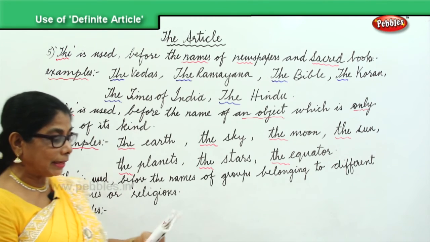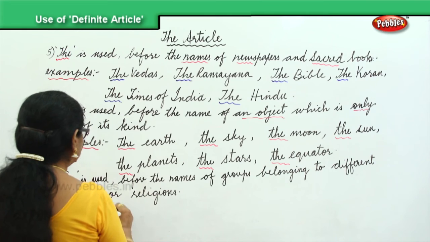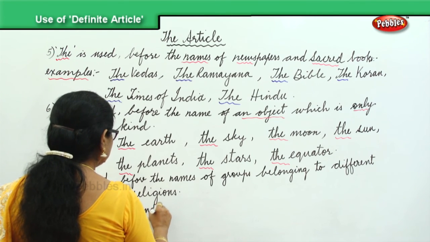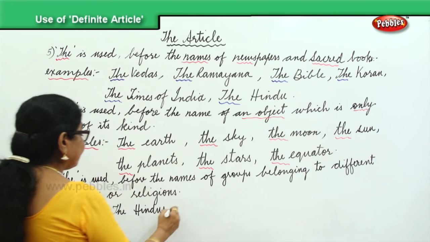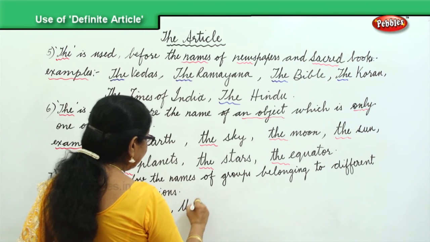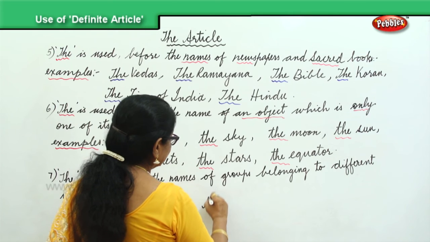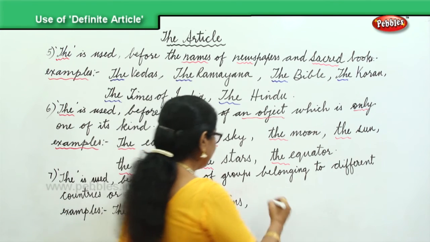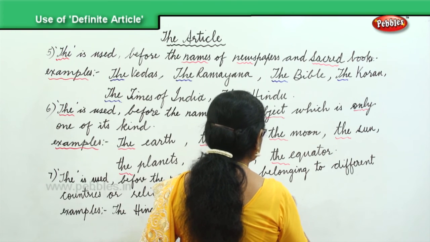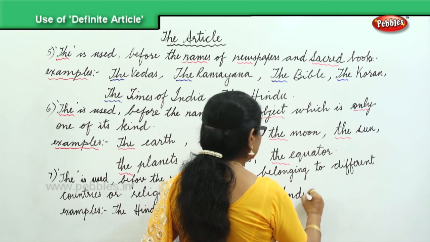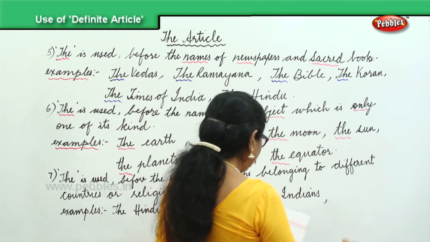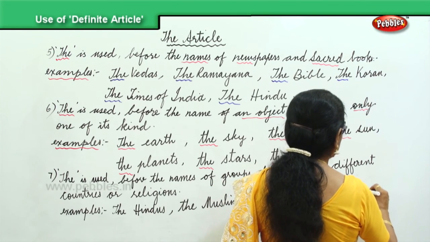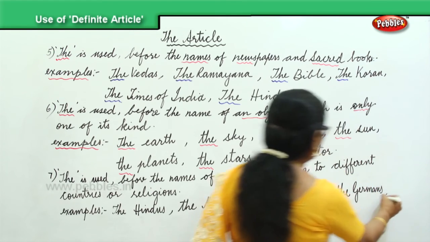What are the examples? You will say the Hindus. You will say the Muslims. You will say the Indians or the Germans. And it goes on.